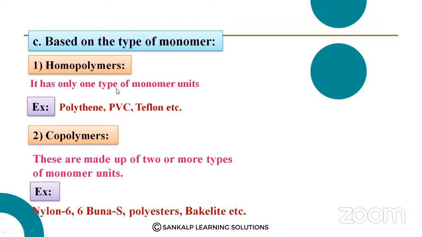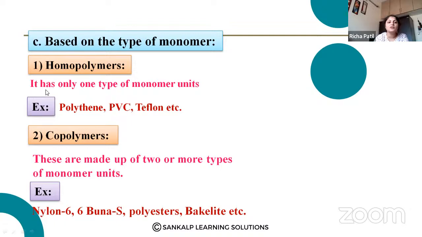First is homopolymers. What do you mean by homopolymers? It has only one type of monomer unit. Homo means only one type of monomer unit is present.